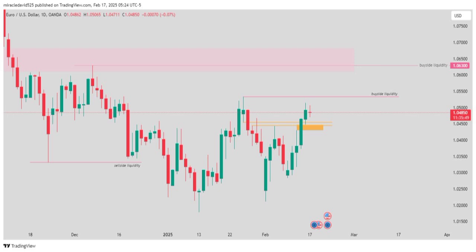So it can go to the orange level first before going to the buy side, or it can go to the buy side first and then go to the orange level. And there's also another case where it can go to the buy side and go to the higher one in the pink level without even going to the orange level.